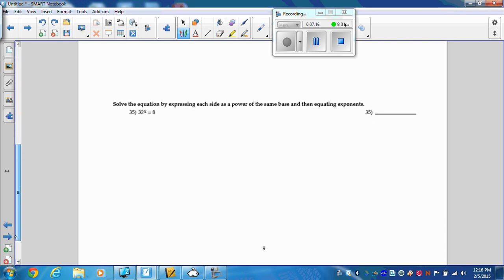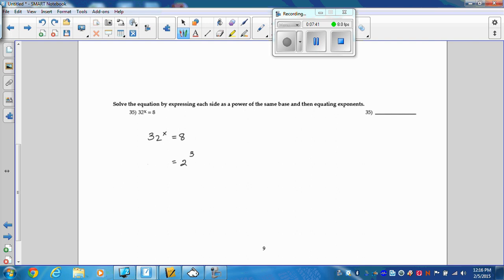Okay, 35. Solve each equation by expressing each side as a power of the same base and then equating the exponents. So 32 to the x is equal to 8. I can't write 8 as a power of 32, but I can write both of these as a power of 2.